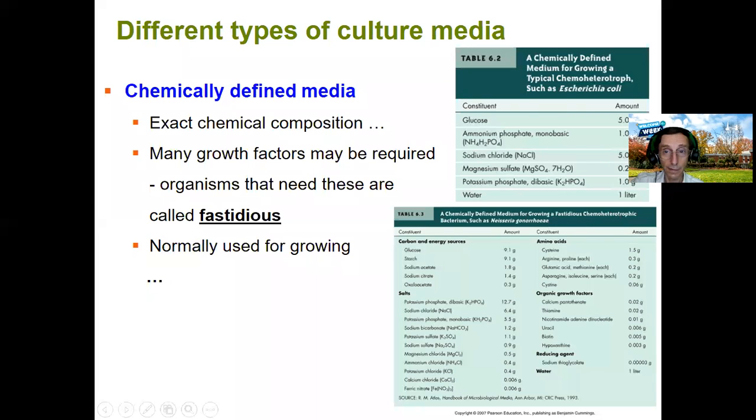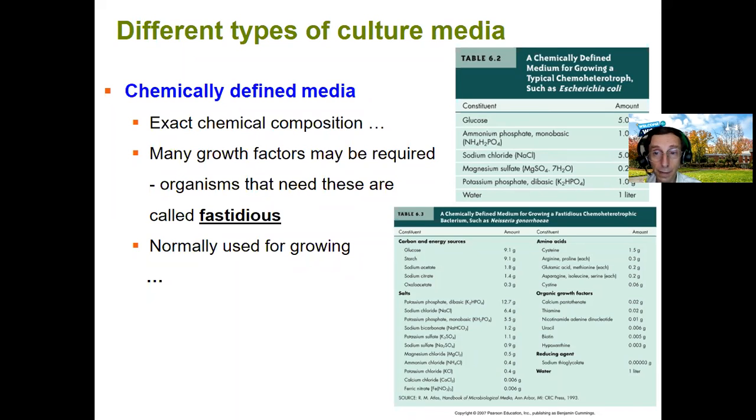This one has glucose, ammonium phosphate, sodium chloride, magnesium sulfate, potassium phosphate, and then water. These are the only molecules in this media. Assuming we're using distilled water, there would not be other molecules getting there other than maybe oxygen and carbon dioxide from the air.